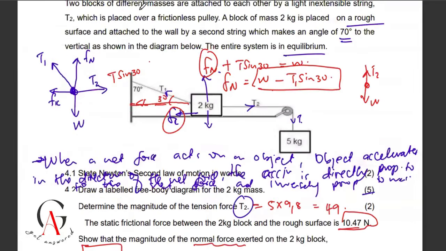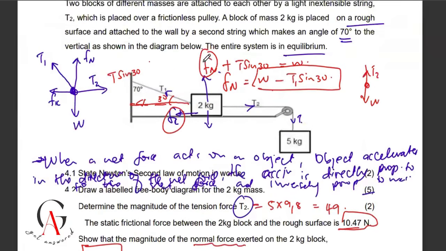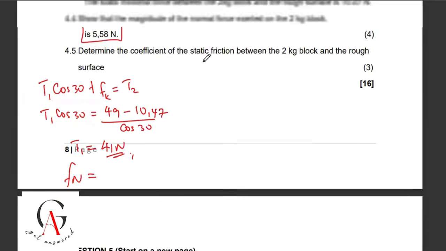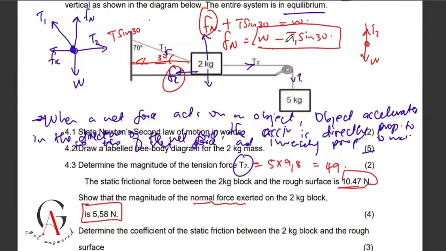Then, remember, our Fn is going to be the W, the weight, which is 2 times 9,8. Does that make sense? It's the other way around.